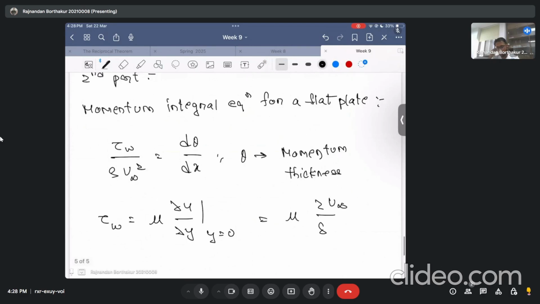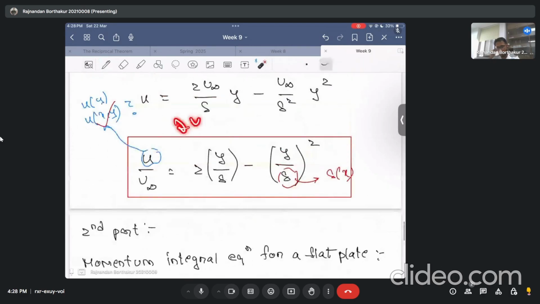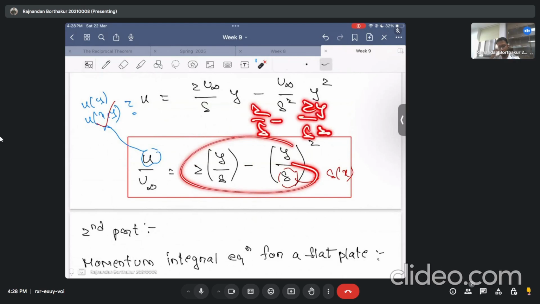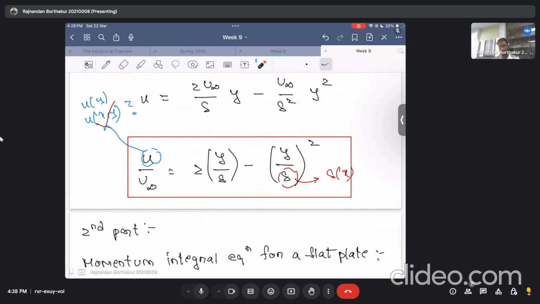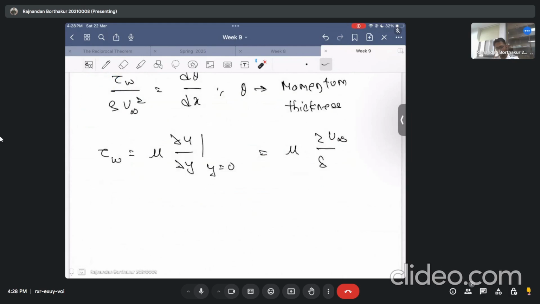That's obvious, right? Because you need to evaluate this del u by del y. And if you do del u by del y, you will get 2 by delta minus 2y by delta squared. Then if you evaluate this at y equal to 0, this term goes, which means that you just end up getting 2 by delta times u infinity. So your wall shear stress tau w is just 2 mu u infinity by delta.